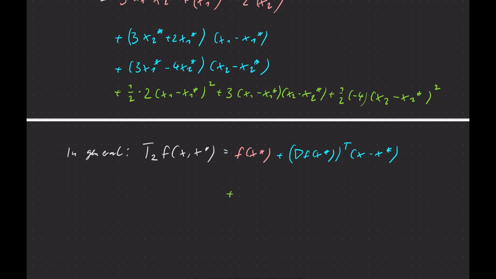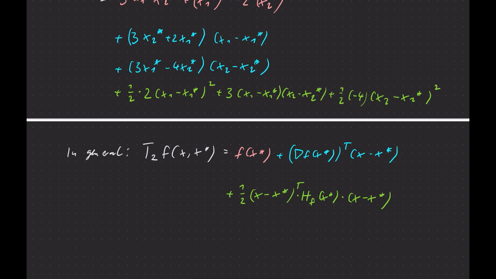And then the quadratic term can also be written as 1 over 2 times x minus x star transposed, Hessian of f at x star, times x minus x star. Okay, so it's a quadratic term with a matrix vector product in here.